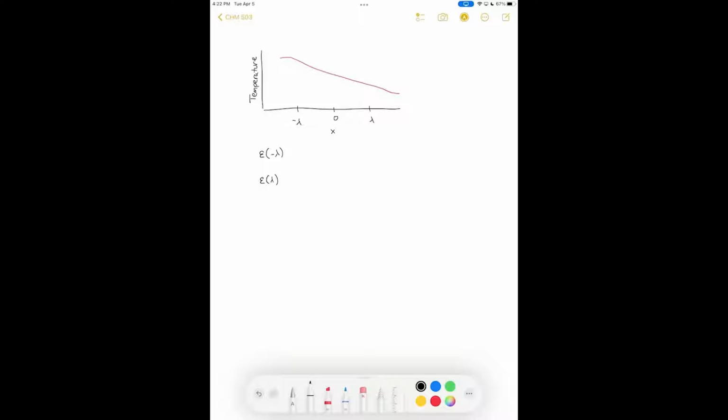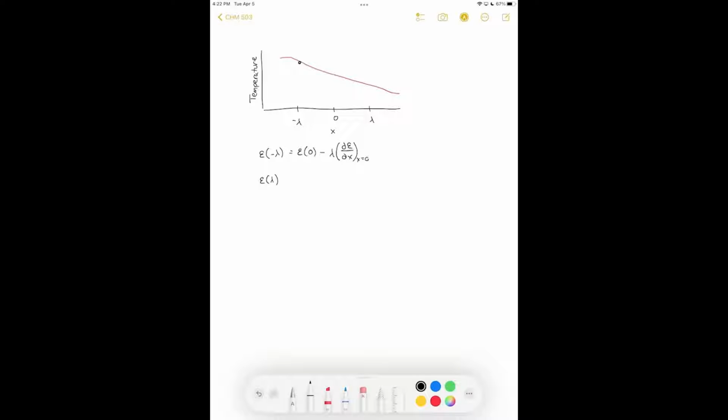We describe the energy distribution in the same manner that we described the particle distribution with a Taylor series expansion. So the energy at point negative lambda is simply equal to the energy at point 0 minus lambda times the change in energy with respect to position.